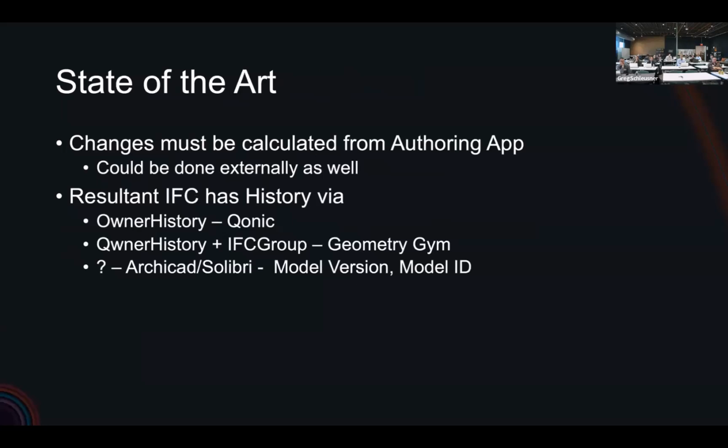The basics of this is that the changes must be calculated from the authoring app. There's no magic happening with the IFC library in these discussions. The resultant IFC file can have some loose ends, let's put it that way, given what we can do with this approach.